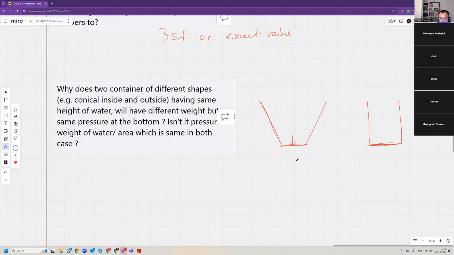The pressure at the bottom is rho g h, which is density of the water times g times the height. So in both cases, the pressure on the bottom would be the same. Then you need to explain how come the pressure is the same, but the weight is obviously different, because the first one is a bigger bucket.